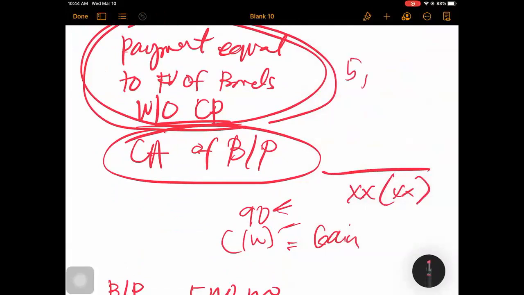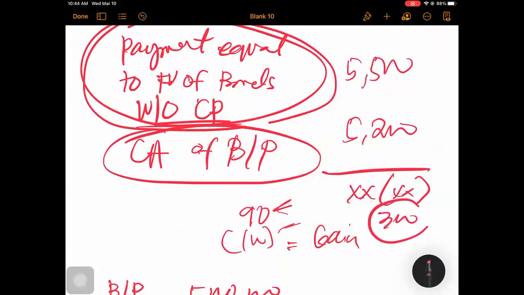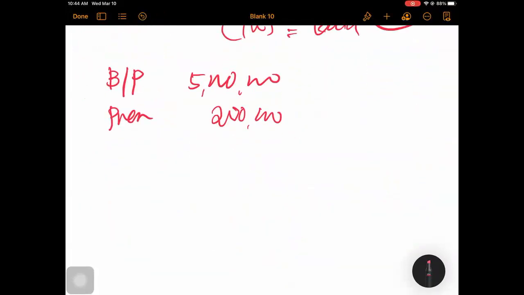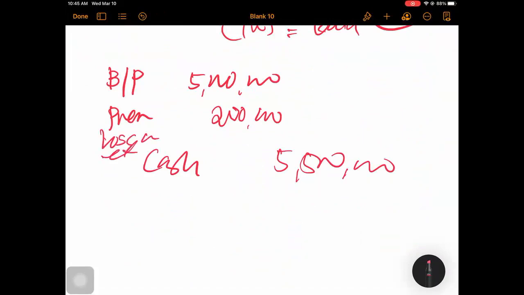Let's say the payment is 5,500,000 and the carrying amount is 5,200,000, so the loss is 300,000. If the problem says bonds payable 5 million, premium 200,000, and we paid 5,500,000, then the loss on extinguishment is 300,000. That's our loss of 300,000.